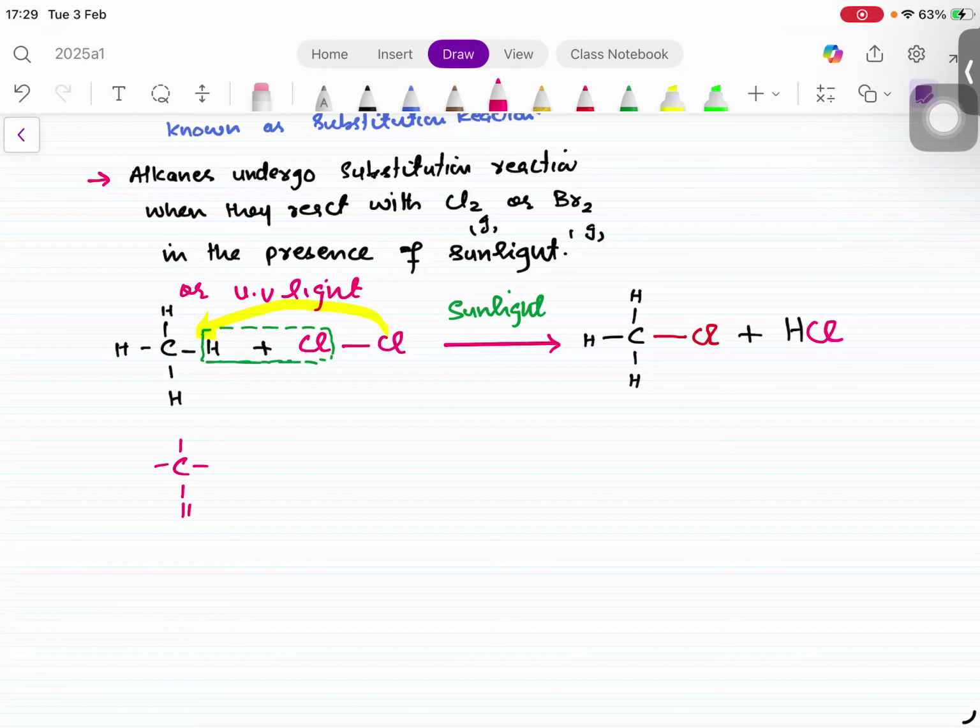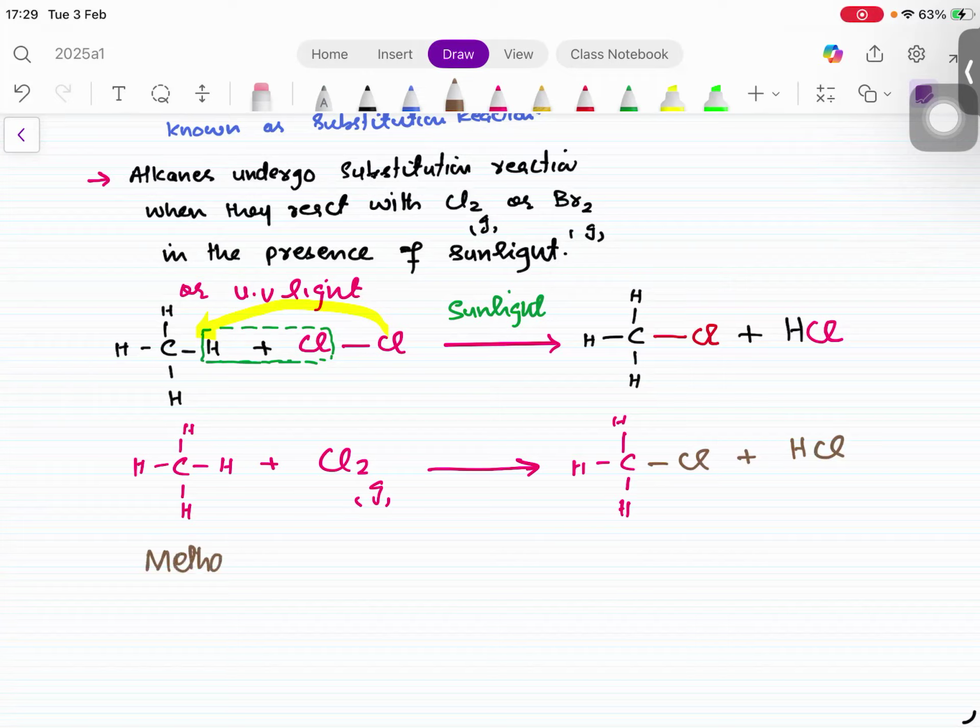This is methane. When I react it with chlorine, Cl2 gas, in the presence of sunlight, one hydrogen is replaced by one of the chlorines, plus HCl is formed, right? This compound is known as methane, and this compound is known as what?